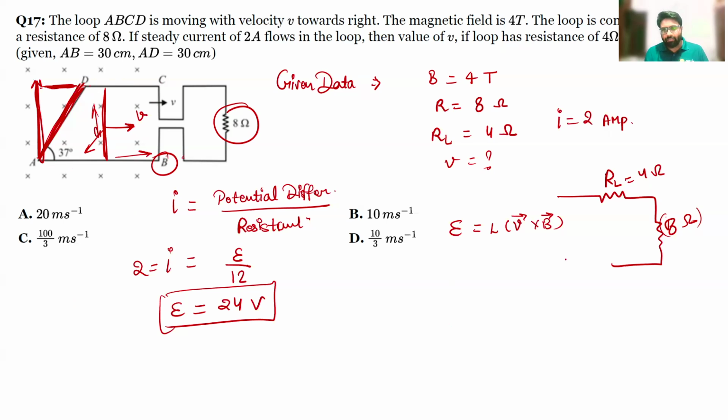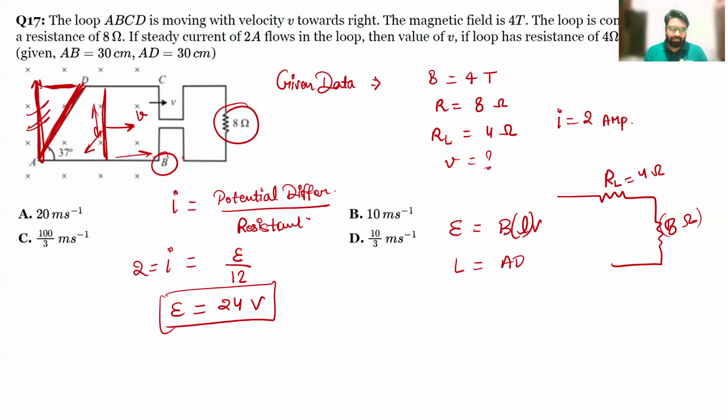So simply we have a formula that epsilon is equal to BLV. But the length here you have to take is the one perpendicular to the velocity and perpendicular to the field also. So this is the component of AD.